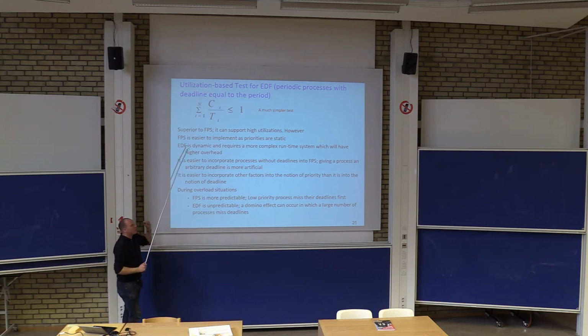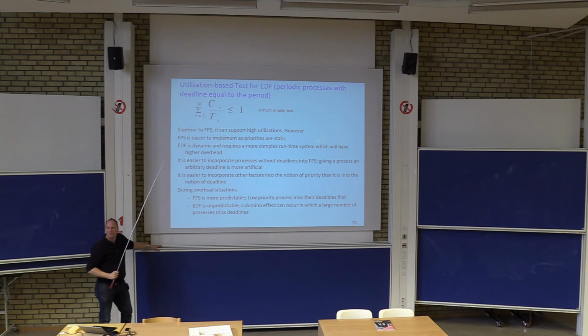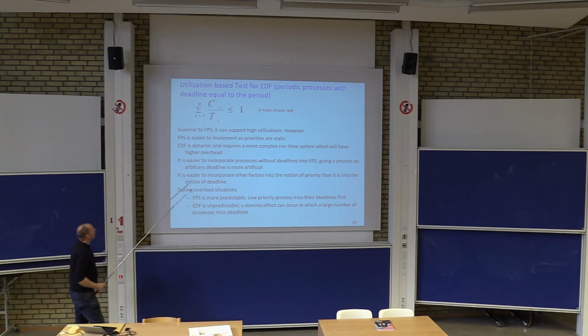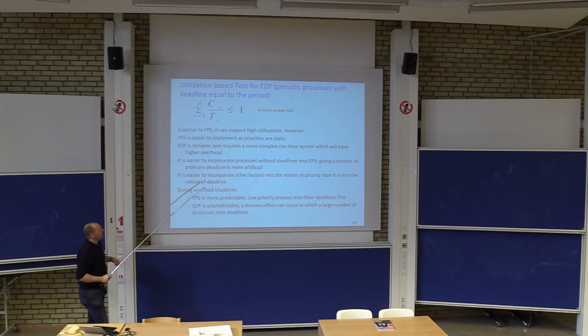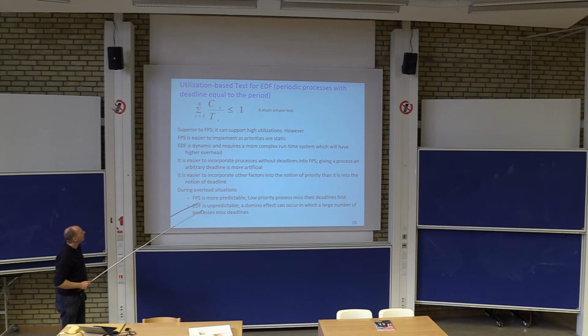But if you have a more fancy scheduler where you have these deadlines instead, then you can use the processor up to 100% of the time. So that's an advantage. Compared to fixed priority scheduling, you can support higher utilization and still meet all the deadlines.